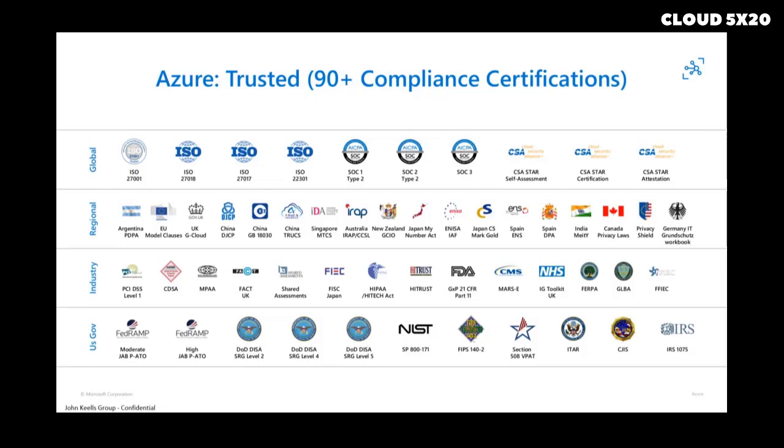Globally, you can find the most important certifications such as ISO 27001, 27018, 27017, all of these certifications, SOC compliances, the CSA compliances are available. And regionally also you can find some of these certifications available as well.